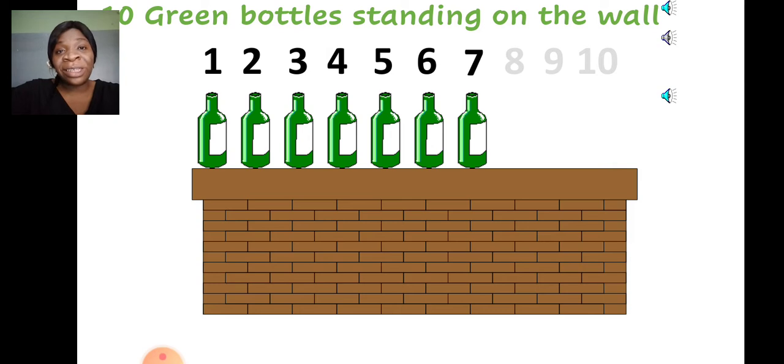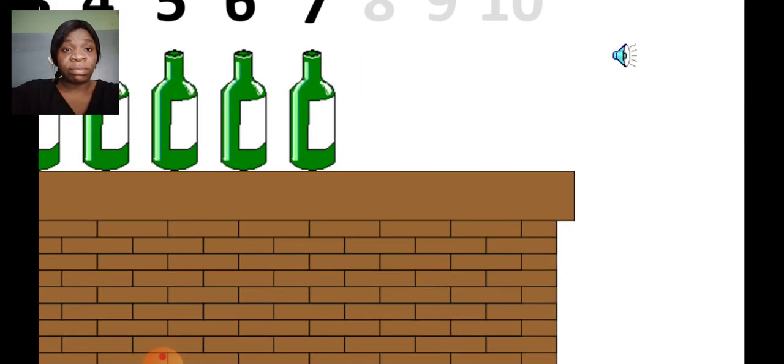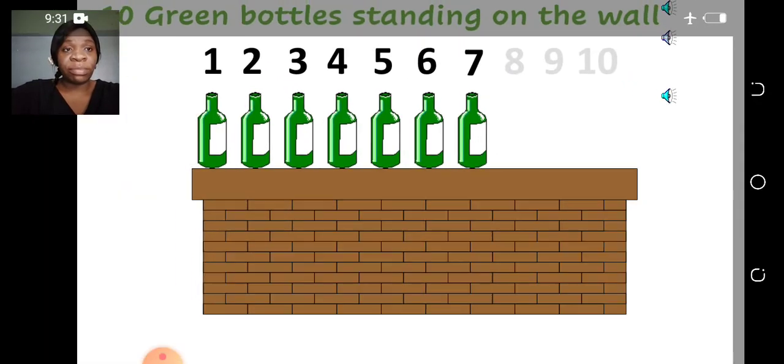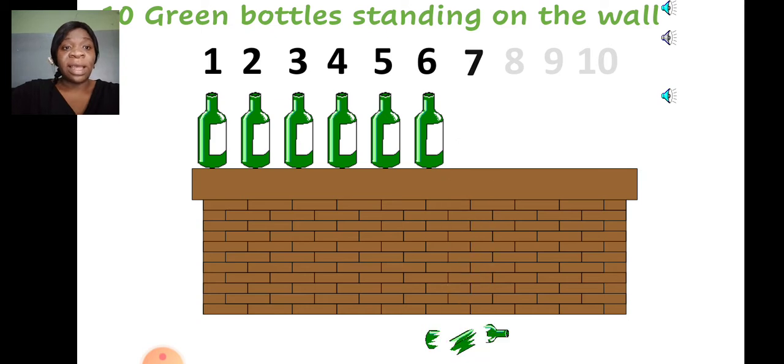And if one green bottle should accidentally fall, there will be 6 green bottles standing on the wall.